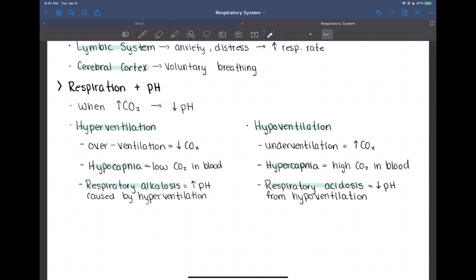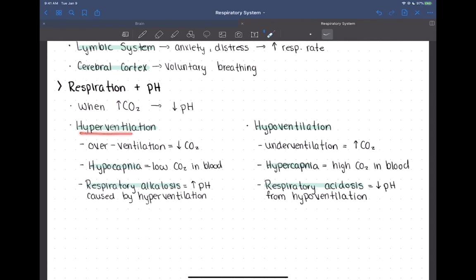The respiratory rate will act to counteract that and bring the CO2 down by increasing the rate. There are two breathing-related situations that can change the CO2 and alter the pH.